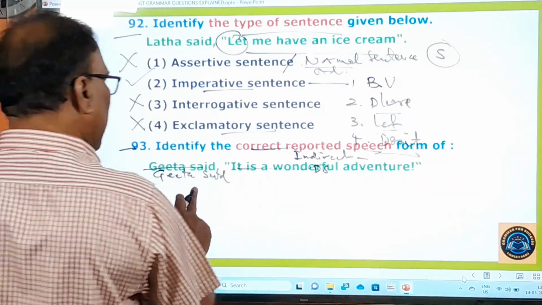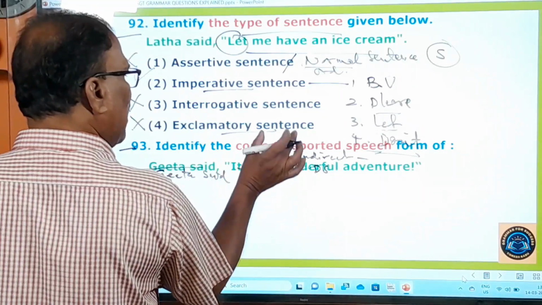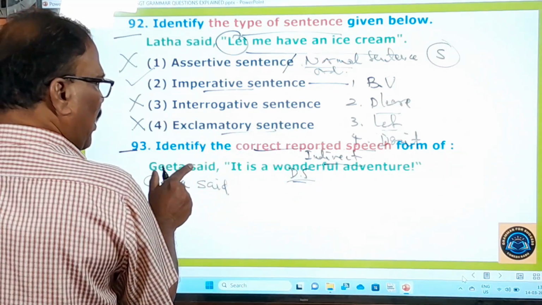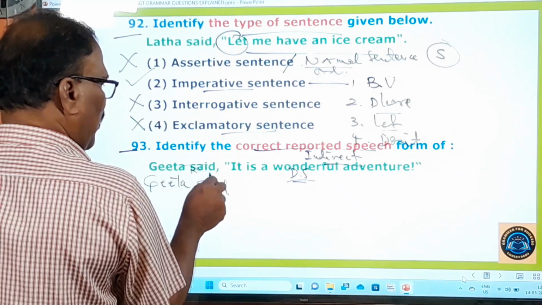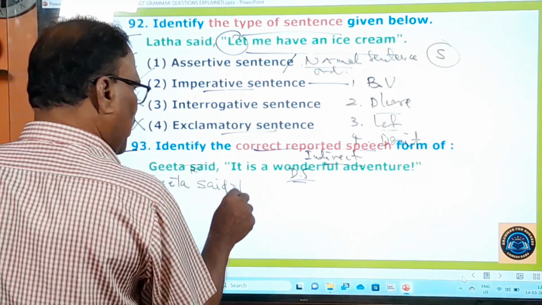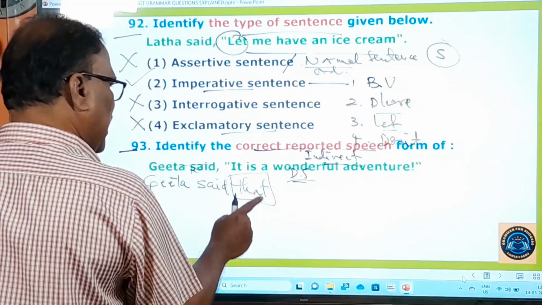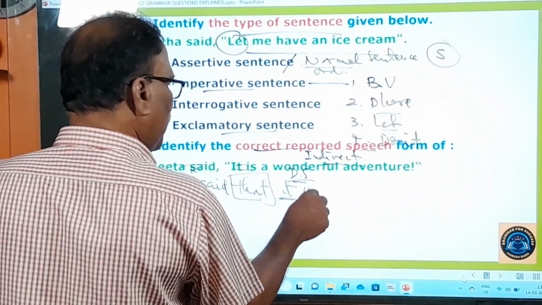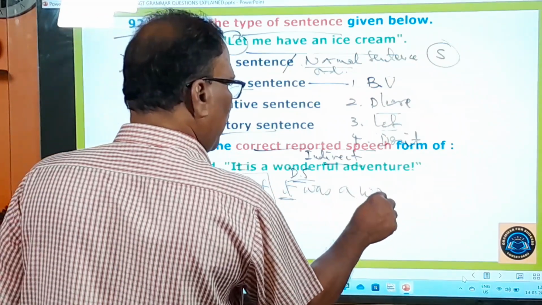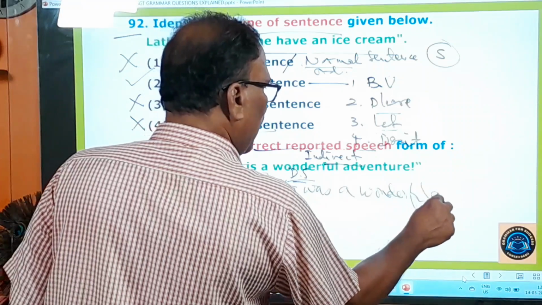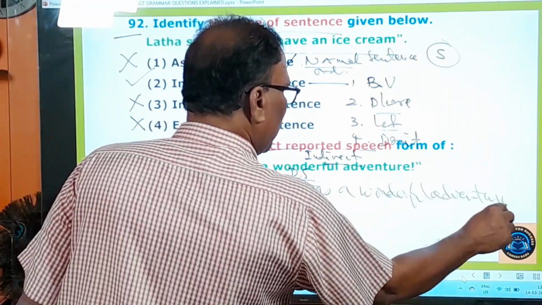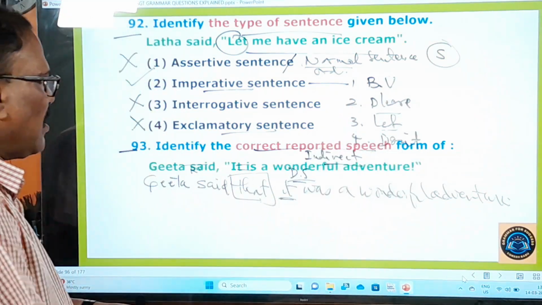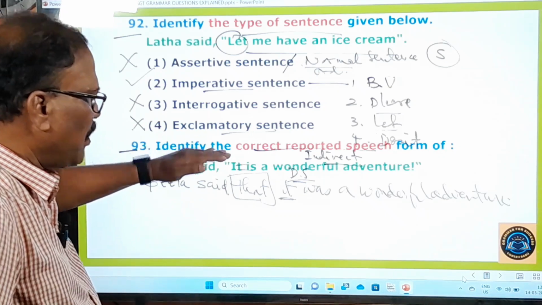Whenever there is an ordinary sentence in the direct speech, to connect the direct speech and the reporting verb, said, which is the reporting verb, we must use that as a connecting word. Afterwards, it should be used as it is. Is must be turned into was. A wonderful adventure will have no change at all in the remaining part of the sentence. So, Geeta said that it was a wonderful adventure. This is how we change direct speech into indirect speech.